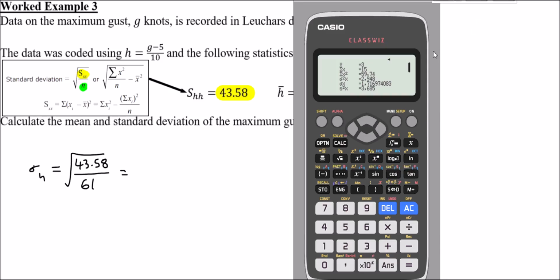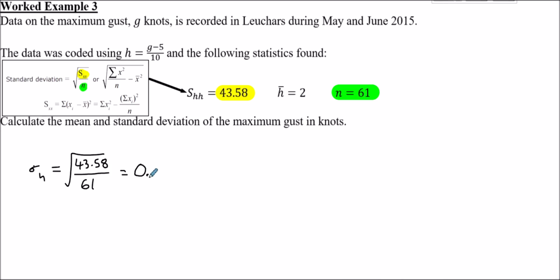So go back to the calculator, press menu 1 to go back to normal mode. So we got the square root of 43.58 over 61. So to 3 sig figs, that's 0.845. I'll also mention here that the mean of h is given as 2.